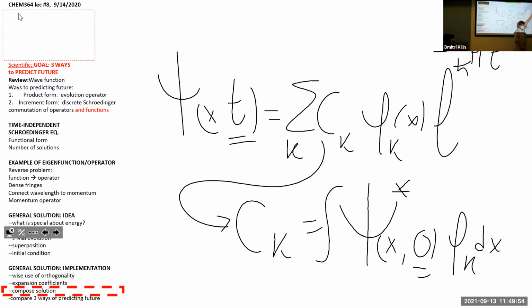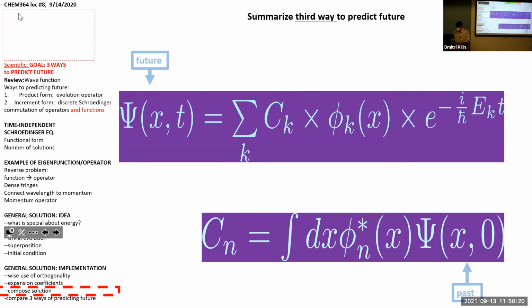So you can predict the future at any time t based on knowledge of the past at time 0, if we know eigenfunctions and eigenvalues. No, here is the letter k. Basically, we are done. Here is the protocol. We are getting from past to the future.